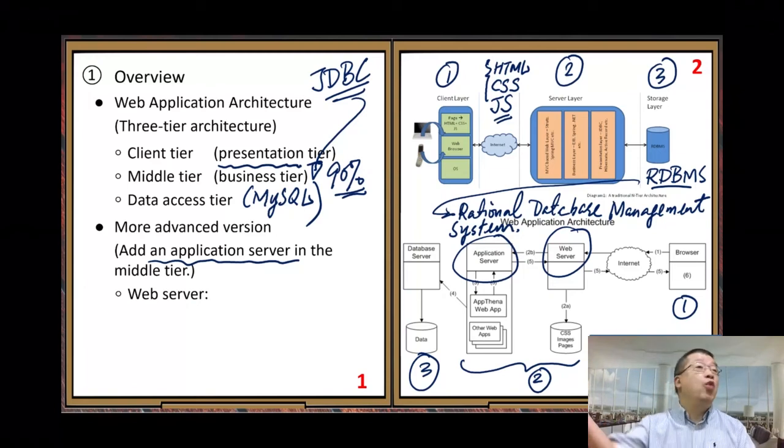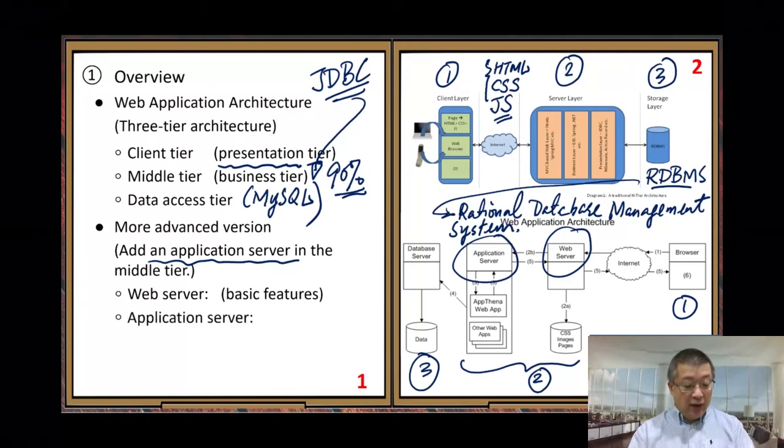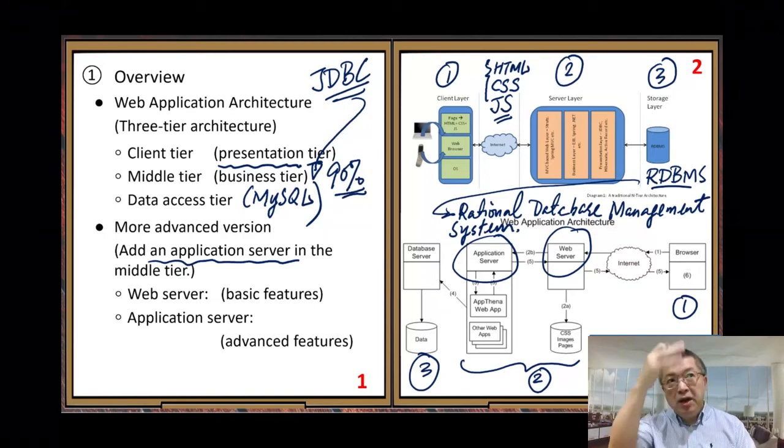The first one is the web server. Web servers usually provide relatively simple, basic features. But the application server usually provides a large number of advanced features. It is very sophisticated, very powerful, heavyweight.